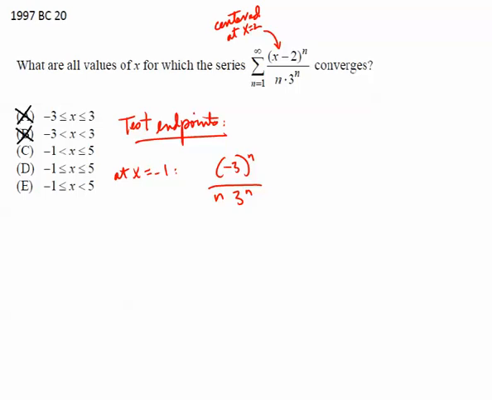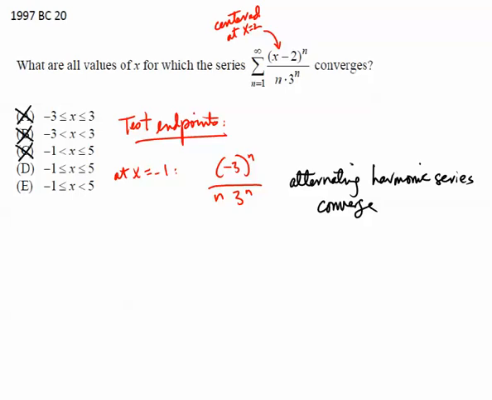To make a long story short, this is the alternating harmonic series, and it converges. So far we know then that the answer can't be C because the function does converge at x is equal to negative 1.